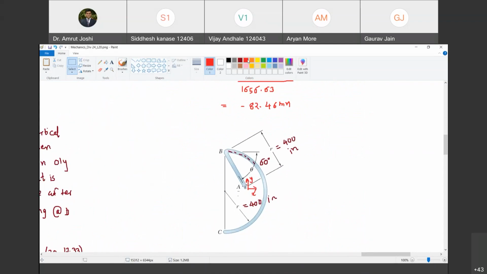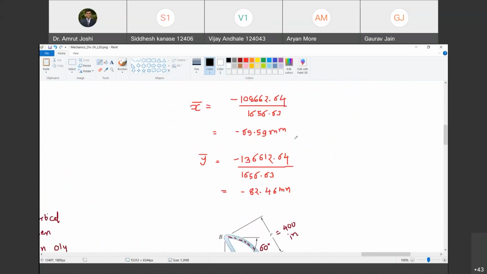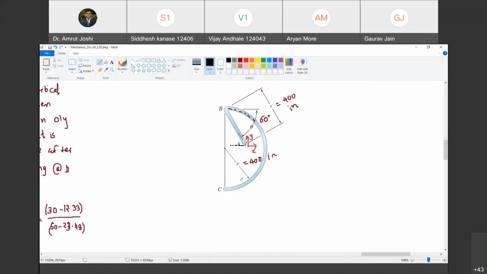So with reference to A, it is towards left at a distance of 65.59 inch, not mm, inch. I'm sorry. Are you with me? Yes, sir. So this is in inch. This is also in inch. So you have to go towards left by 65.59 and you have to go down by 82.46. Somewhere here is the centroid.